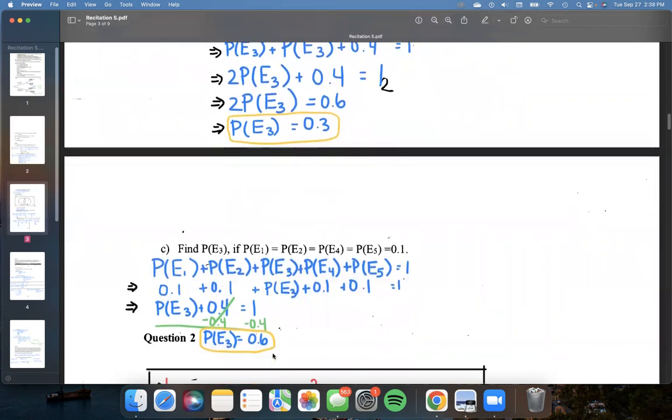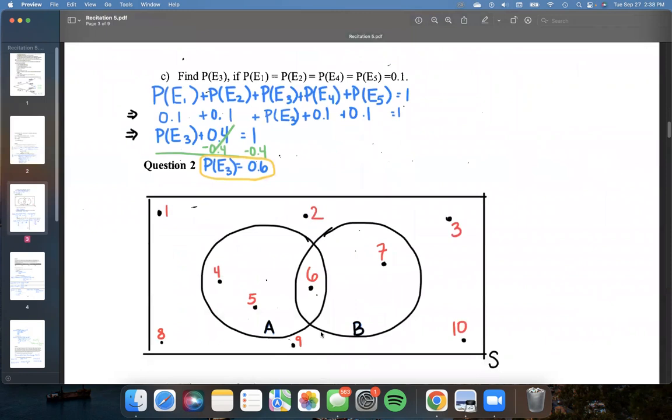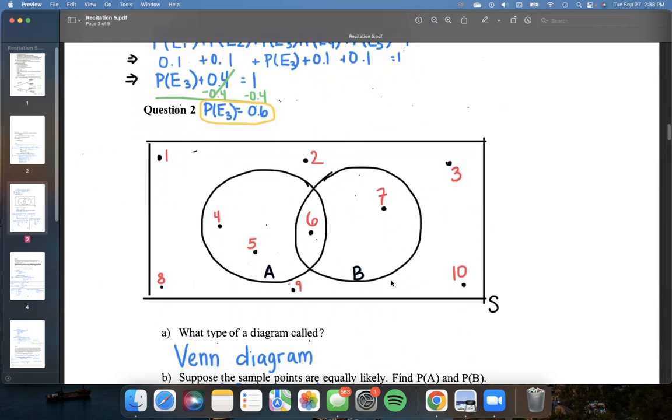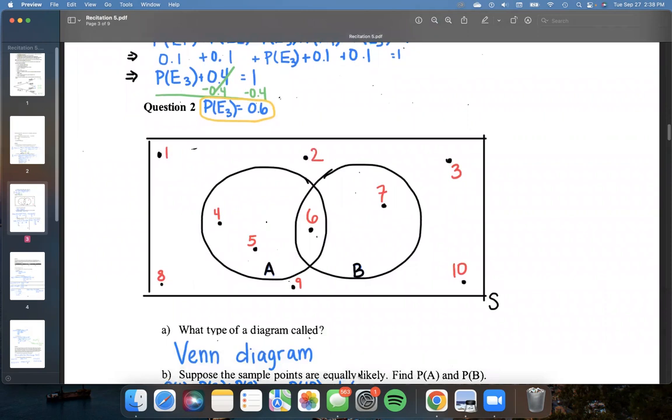Okay. Question 2. What type of diagram is this called? This is a Venn diagram. Suppose the sample points are equally likely.